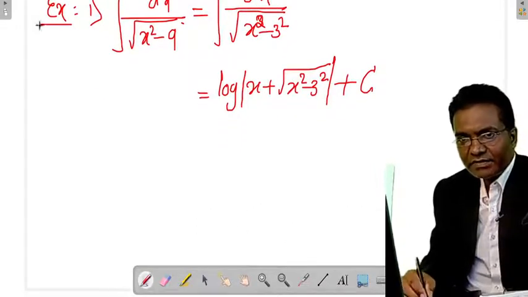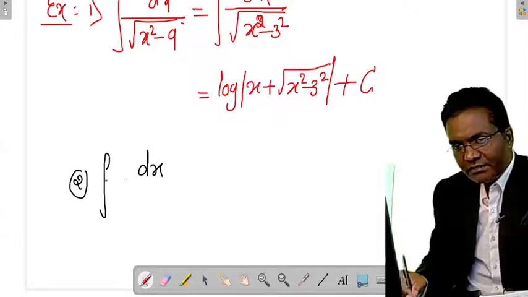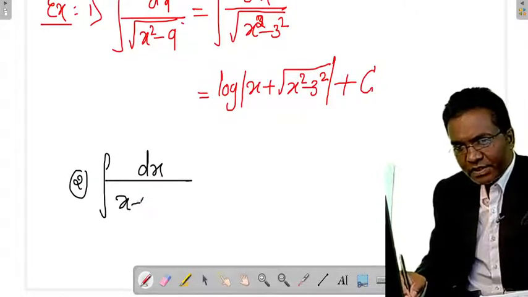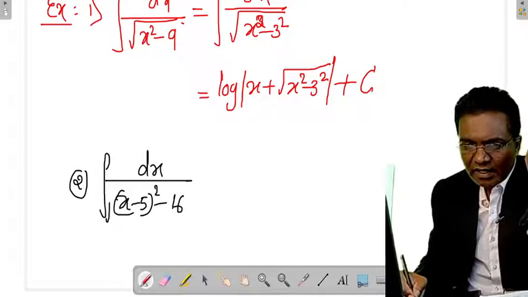Even if you get this, dx divided by square root of x minus 5 whole square minus say 16.